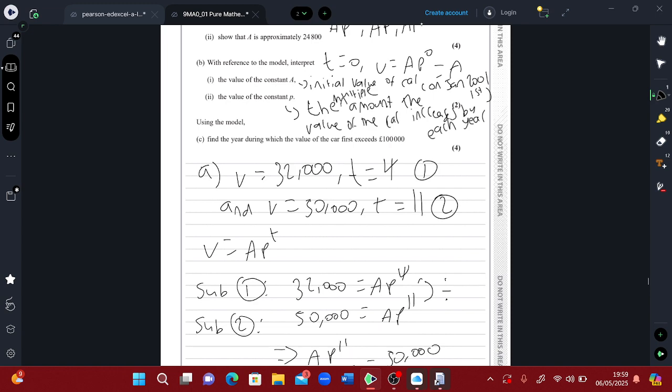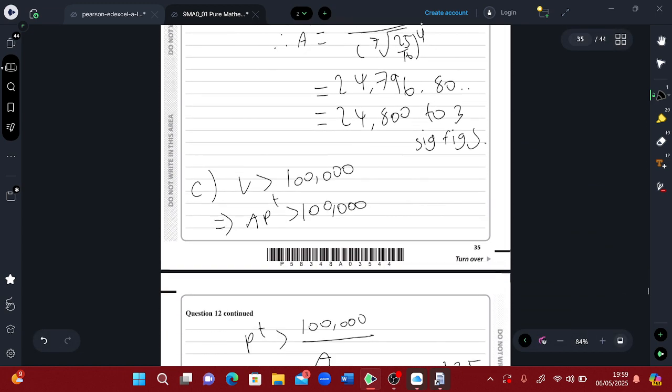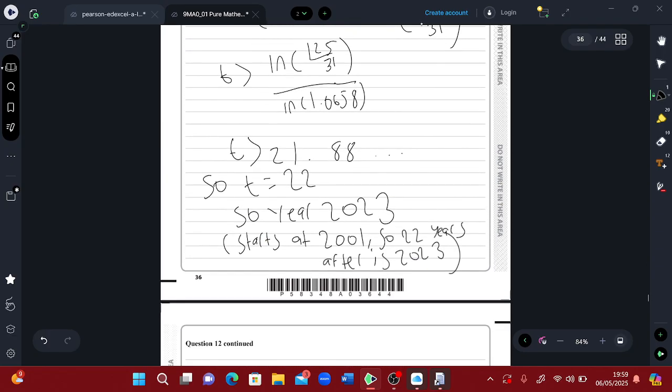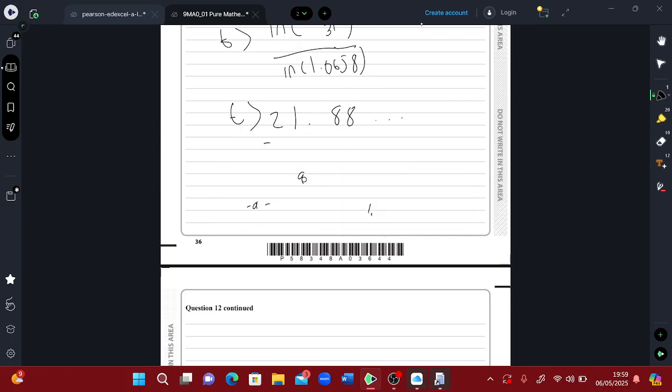Actually, no, I'm wrong. That is not right. So notice here, this decimal is saying that it's 21 years and another 0.88 of a year.